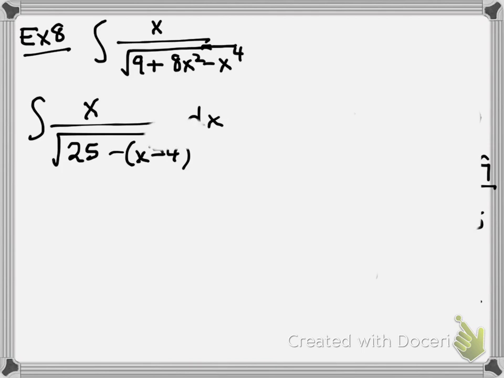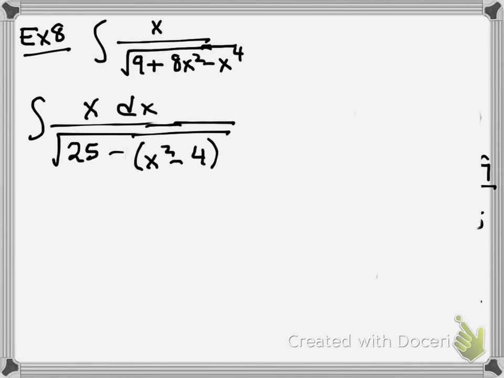Alright, so this is an x squared. Let me erase that, make it a little nicer. Okay, so now I have the square root of a, and you could think about the 25 as a 5 squared, where a is a 5, and this is going to line up with the inverse sine formula.